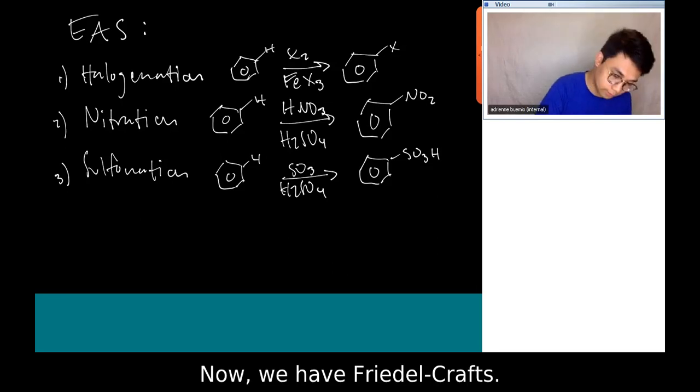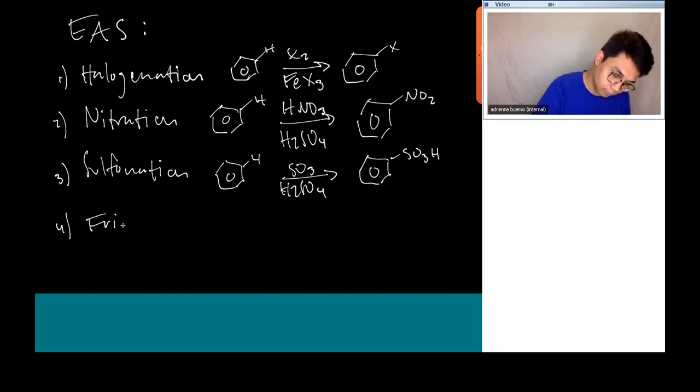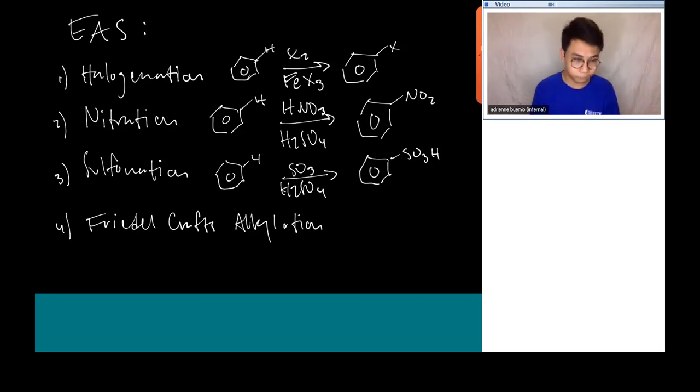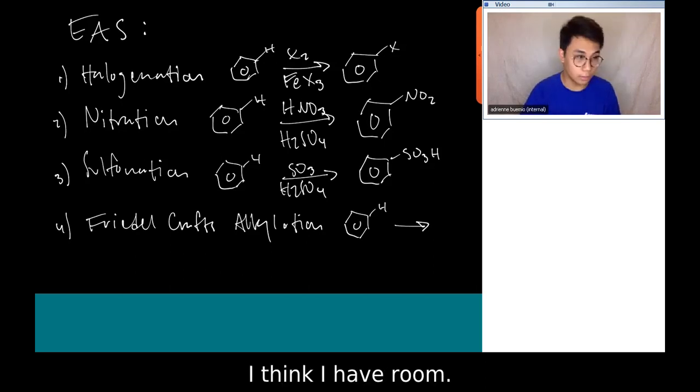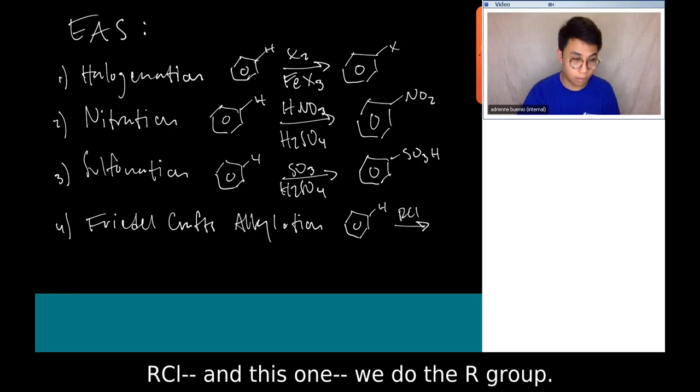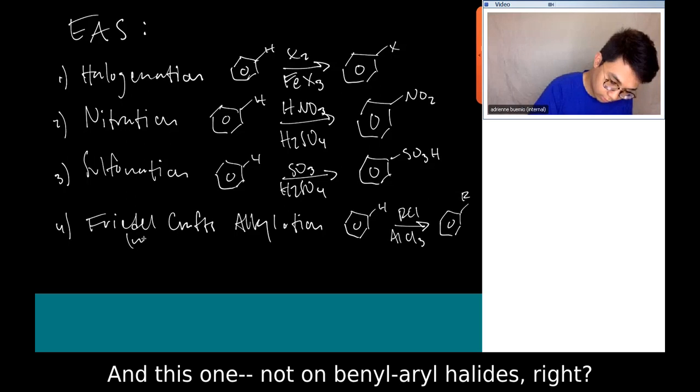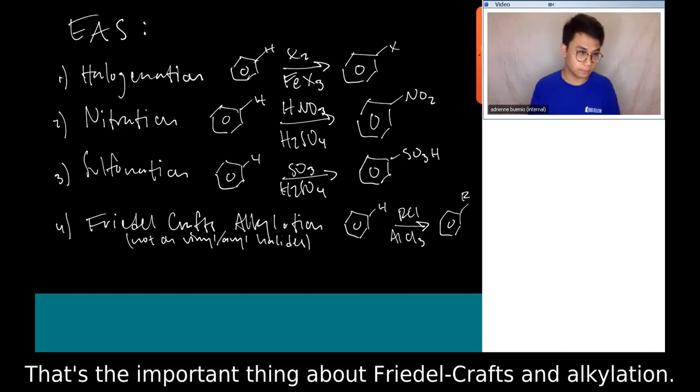Now we have Friedel-Crafts alkylation, with RCl. And this one we add the R group. And this one does not work on vinyl or aryl halides, right? That's the important thing about Friedel-Crafts alkylation.